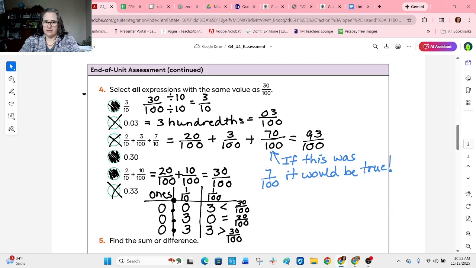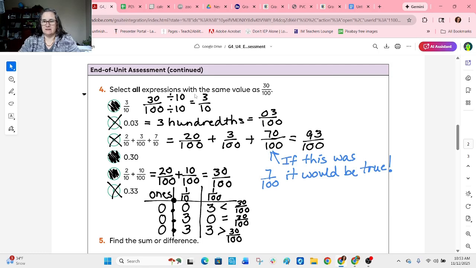For B, D, and F, if your students can put these numbers and draw them on a place value chart, it's going to be a little bit easier for them to compare and see that, just like I said before, if we start in the largest place value unit, this is not equal to 30 hundredths because it is only 3 hundredths.